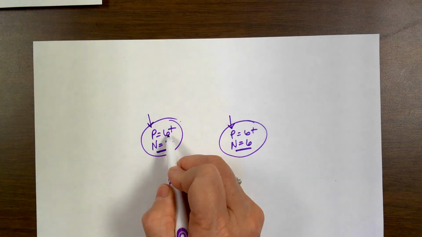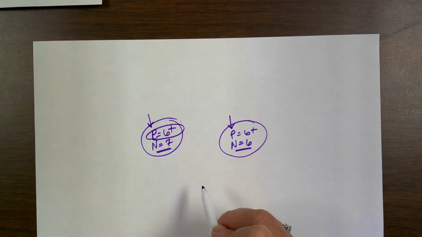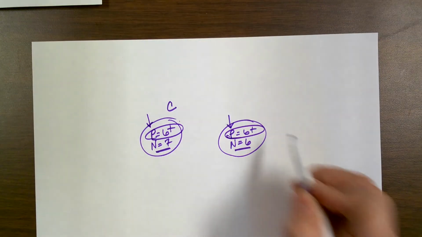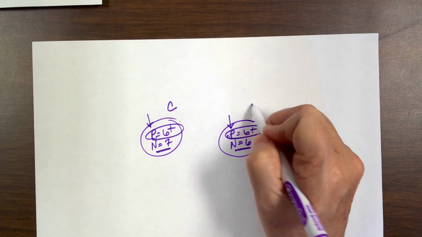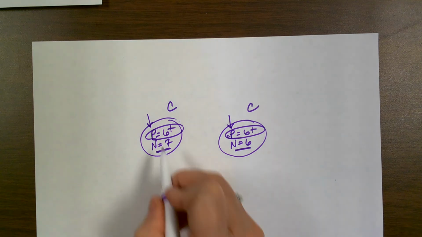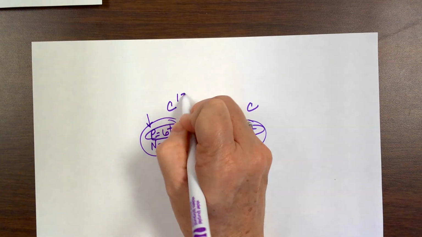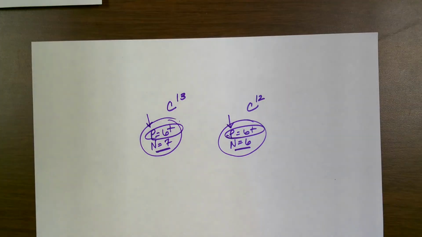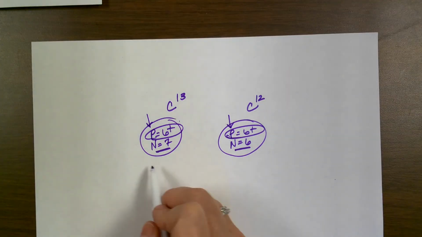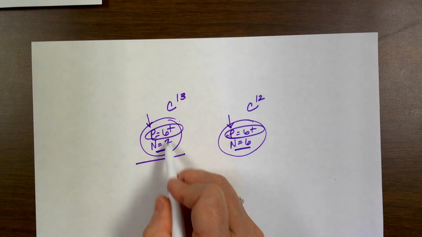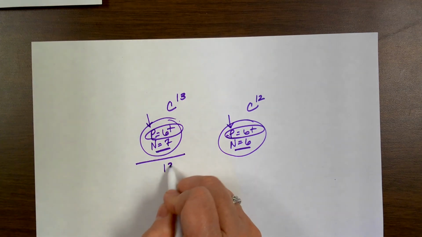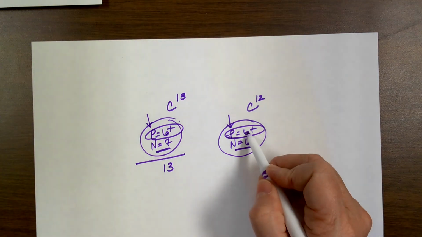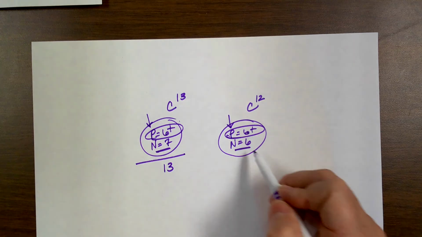So this has a proton number of 6, so this is carbon. And this also has a proton number of 6, so it is also carbon. But we actually call this one carbon 13, and we call this one carbon 12. And if you're paying attention, that's because the atomic mass, the protons plus the neutrons in this one is 13, and the protons plus neutrons here is 12.